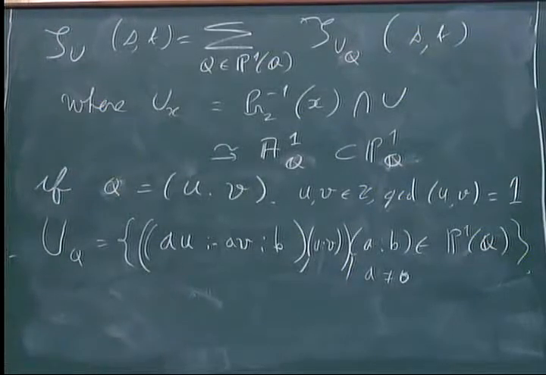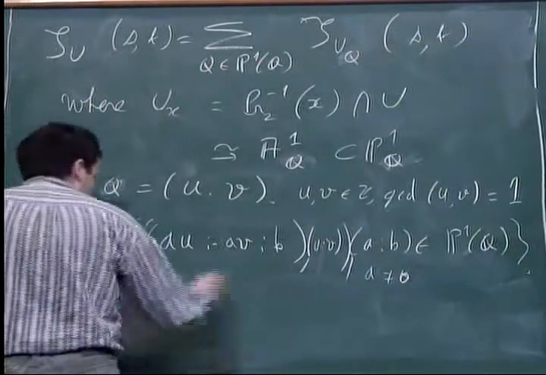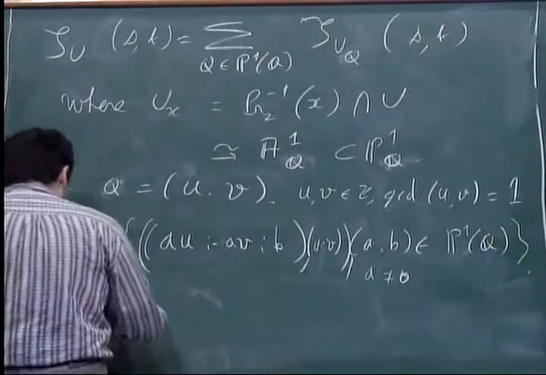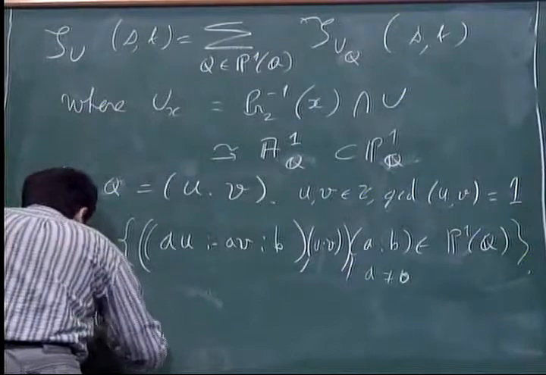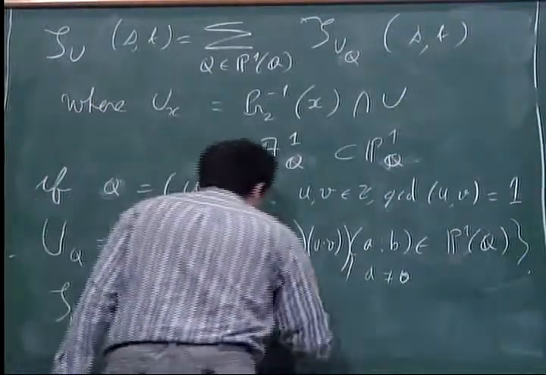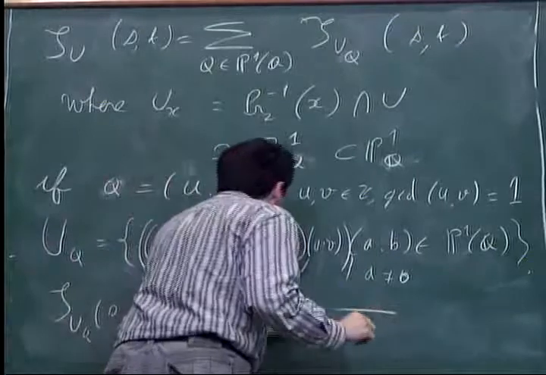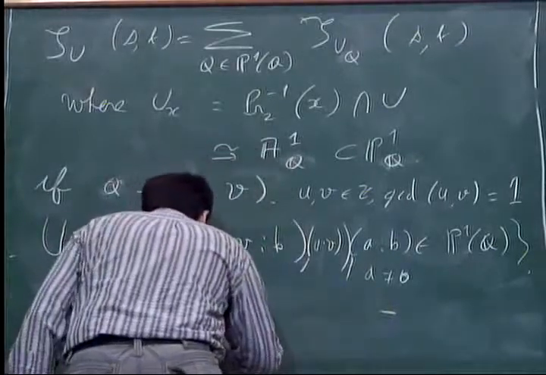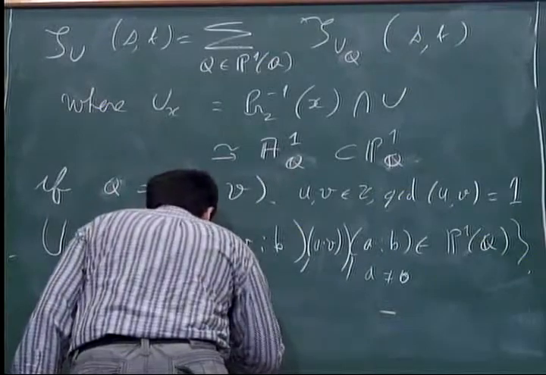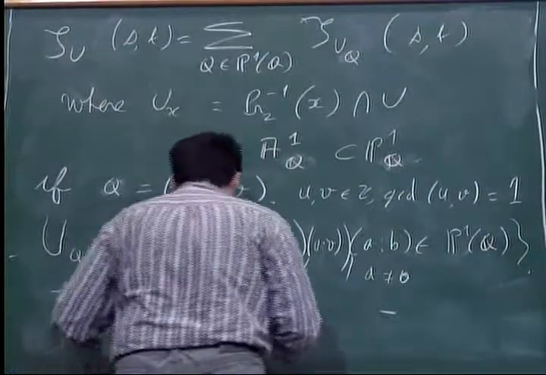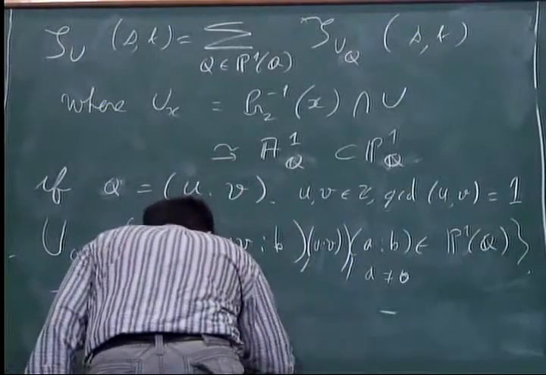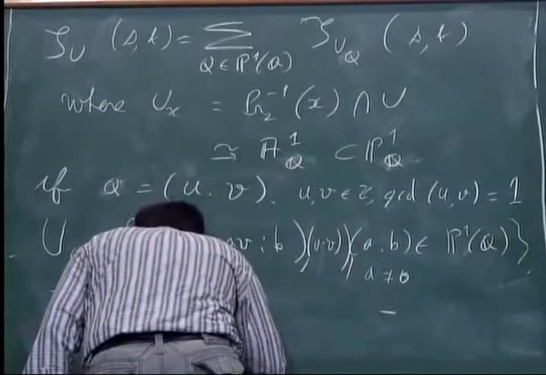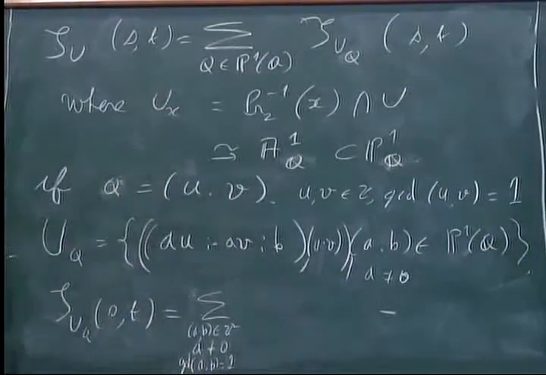So now what is the height of that? Well, the height I get is, well, the sum for UQ, so zeta of UQ of S and T is given by the sum for A and B in Z2 with A different from 0 and A, B coprime. I hope I didn't forget any condition.